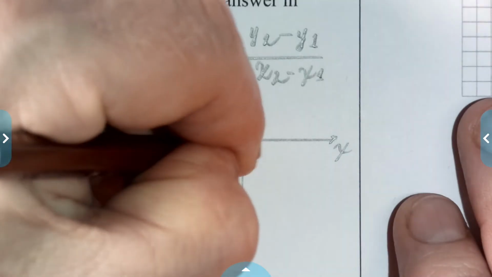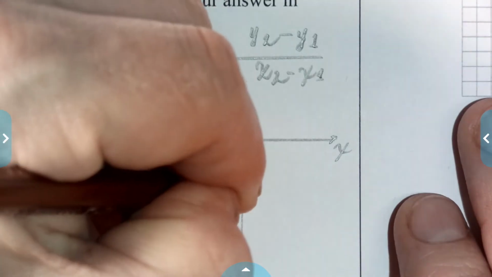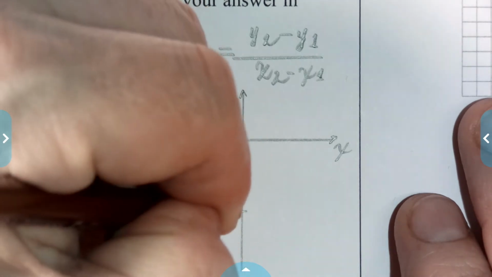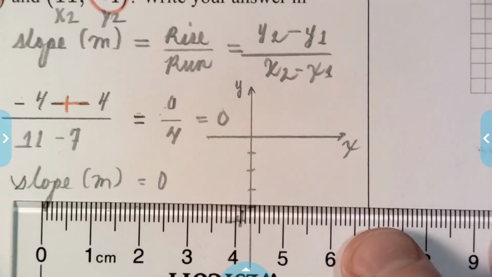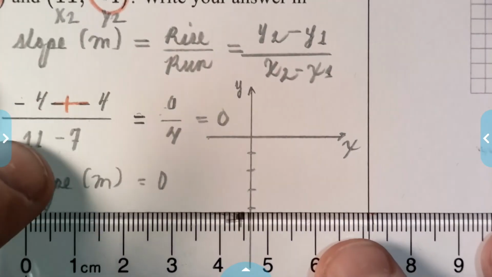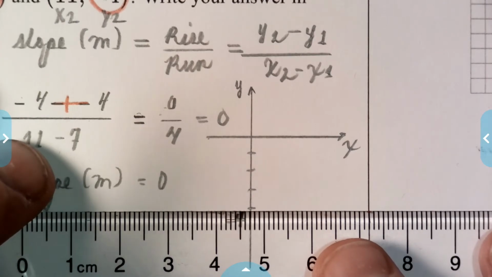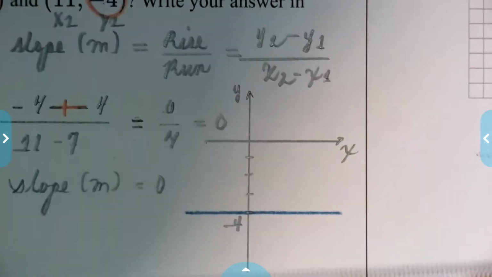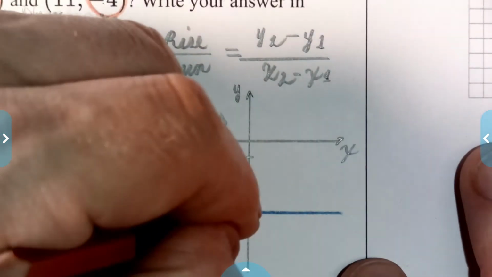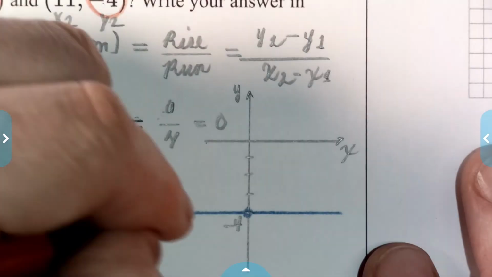Okay, -1, -2, -3, -4. Okay, so that's -4 right there. And the graph of the line is flat, perfectly flat, parallel to the x-axis. Okay, so there's the graph of the line, passing right through -4.